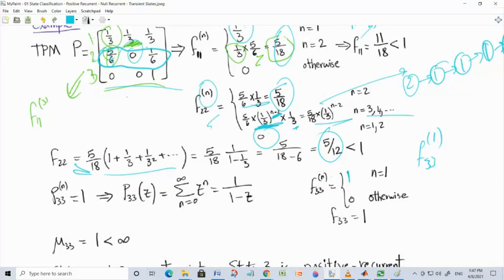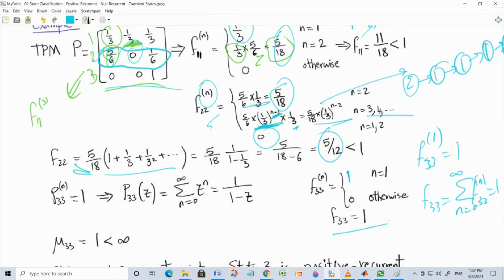That's 1. So for the third state, F33 of 1 is equal to 1, and the other Fs are equal to 0. So the summation, n from 0 to infinity of F33 of n, is equal to 1. And so that's a recurrent state.